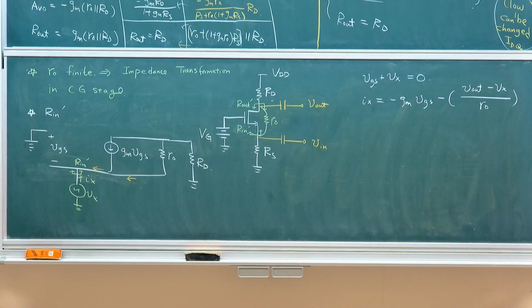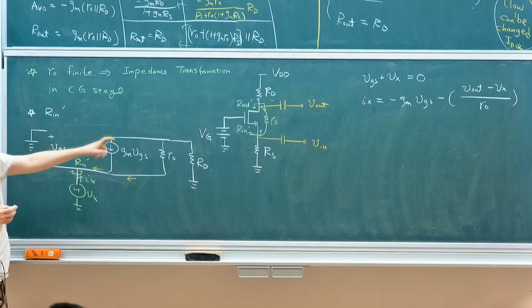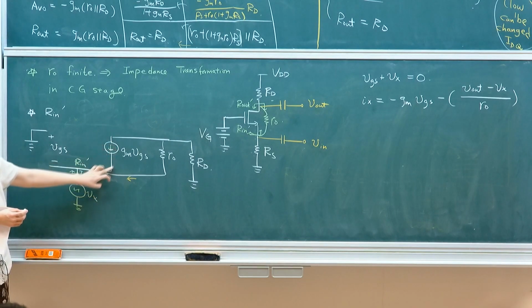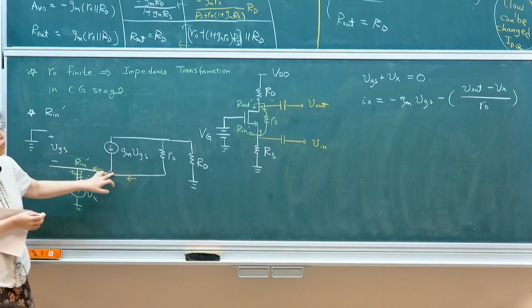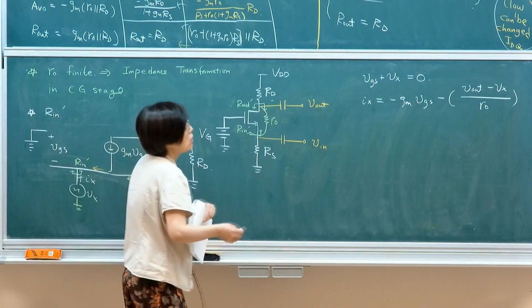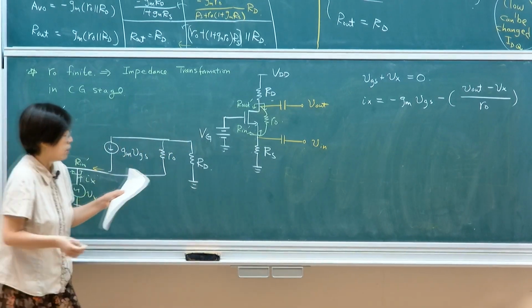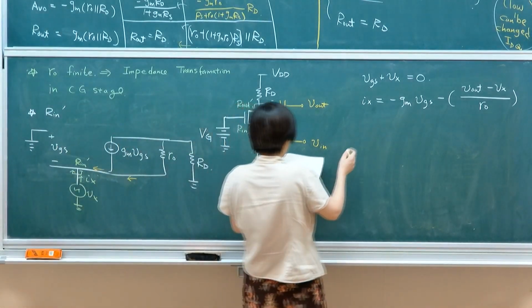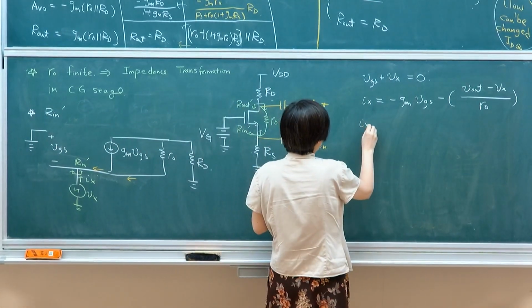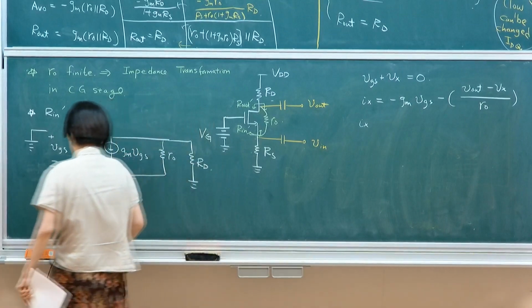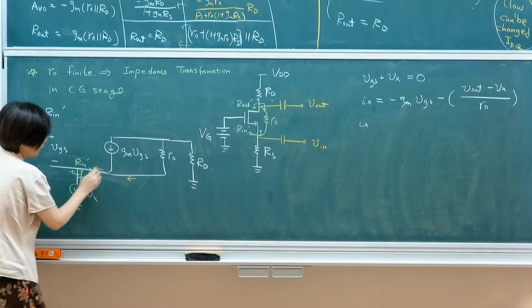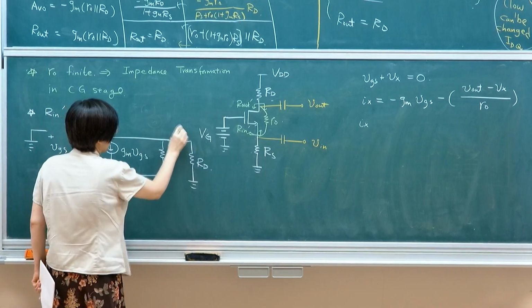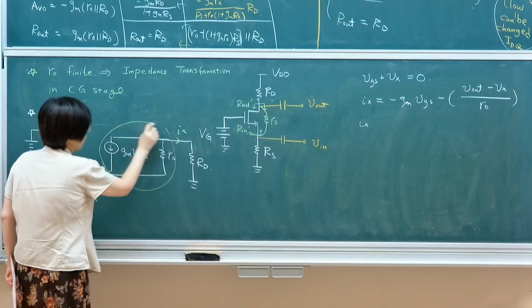Okay, so we're looking in from the input terminal again, two branches of current. One is this branch, gm VGS. The other is the current through our output resistance. And then the last thing is that we know that Ix, this is the current Ix, is the same as this because this is the same node.